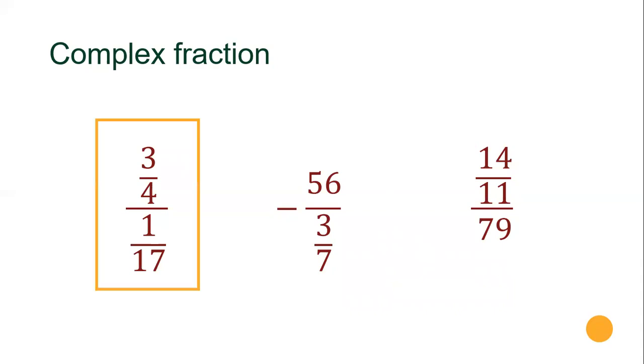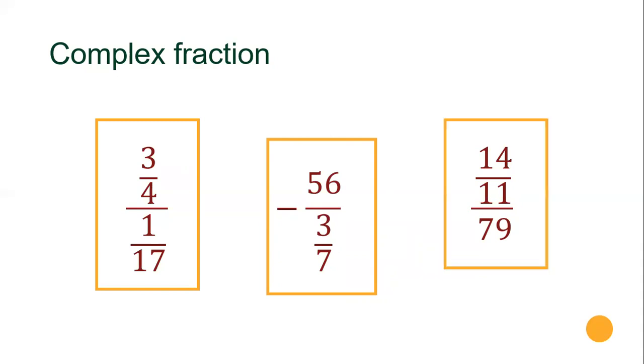Examples are 3 over 4 all over 1 over 17. Another example is negative 56 all over 3 over 7. And last, we have 14 over 11 all over 79. Okay, those are complex fractions.